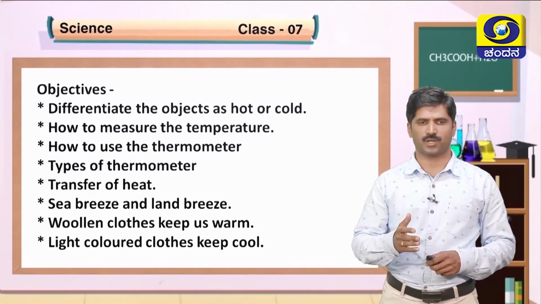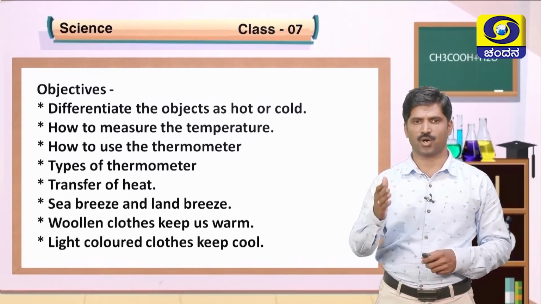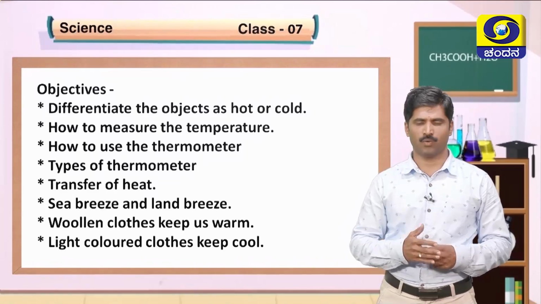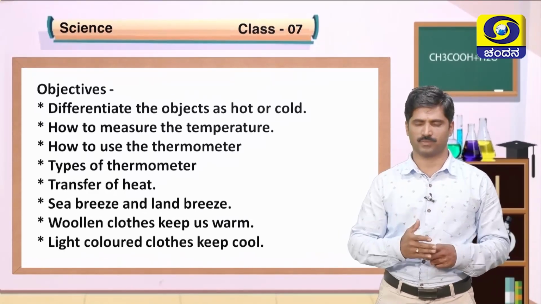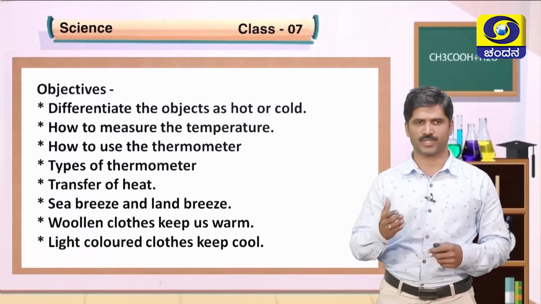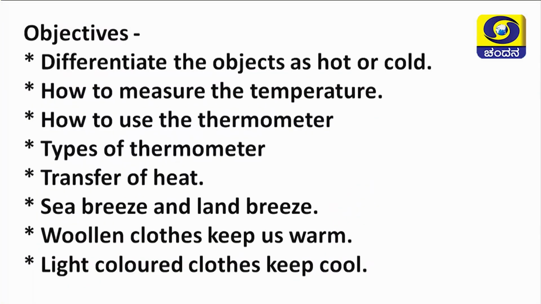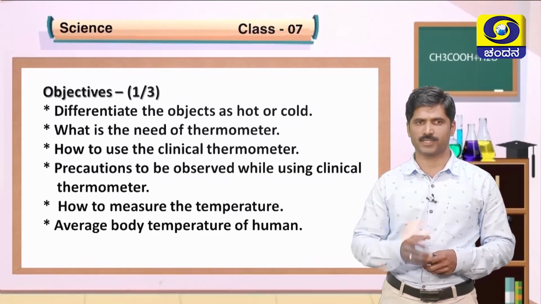The objectives of this lesson are: differentiate the objects as hot or cold, how to measure the temperature, and we will also learn how to use the thermometer, types of thermometer, modes of transfer of heat, sea breeze and land breeze, and we will also come to know how the woolen clothes keep us warm in winter season and how the light colored clothes keep us cool in summer season. We will study the chapter in 3 parts.